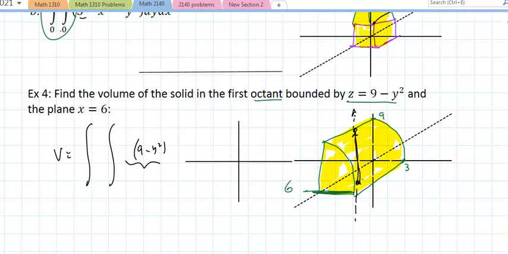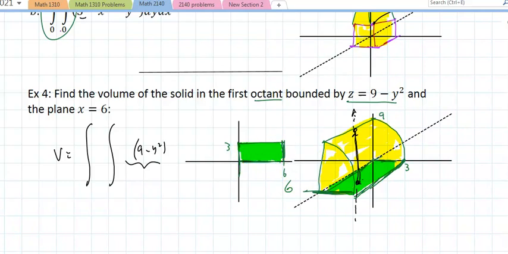I see x running from 0 to 6. And I see y running from 0 to 3. And this floor is the only thing that I want to find the area of.